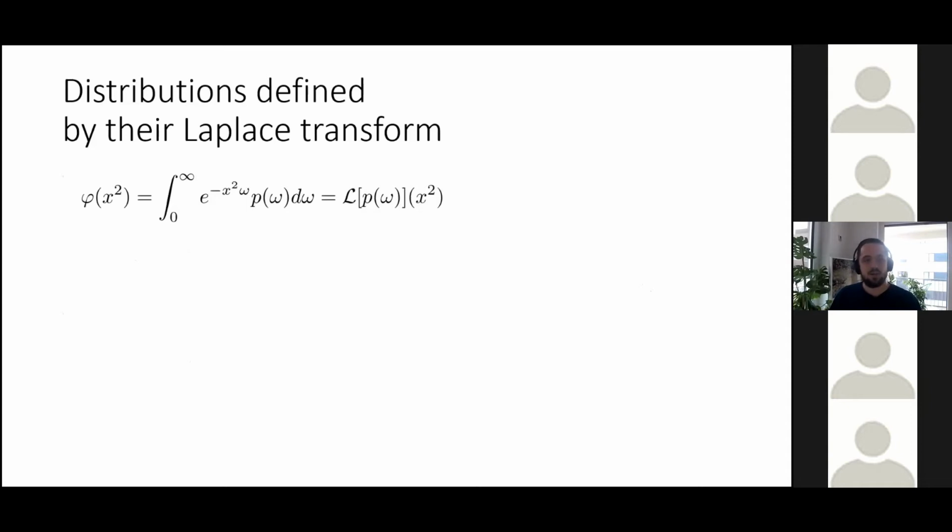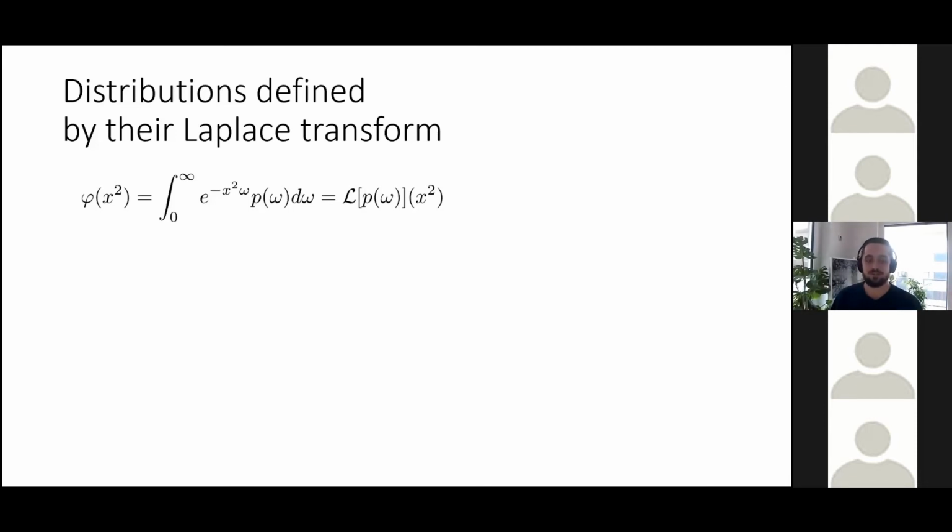Okay, now we know that functions which match this definition can be used, and I'm going to give you some examples of which functions can do this. But the problem is that we still don't know how to find p of omega. We're going to need p of omega because that's our new variable and we need to know everything about it. As I said, this is a Laplace transform.